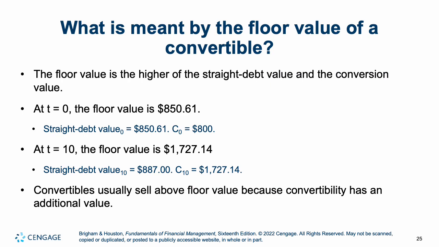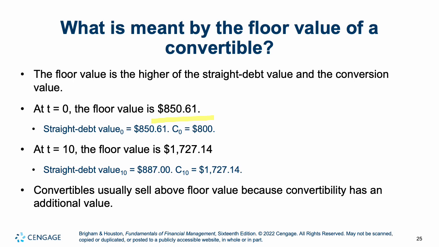So what's meant by the floor value? The floor value is the higher of the straight debt value and the conversion value. So at year 0, our floor value is the straight debt value, $850.61, because it is more than our conversion value. It's not in our interest to convert this bond at year 0 because it's worth less than we spent on the bond.